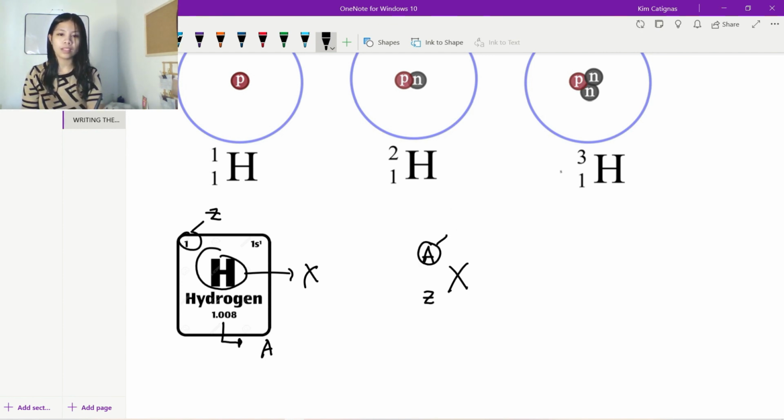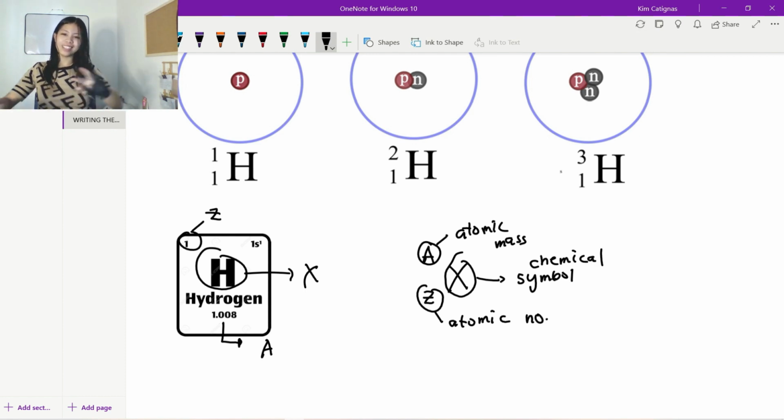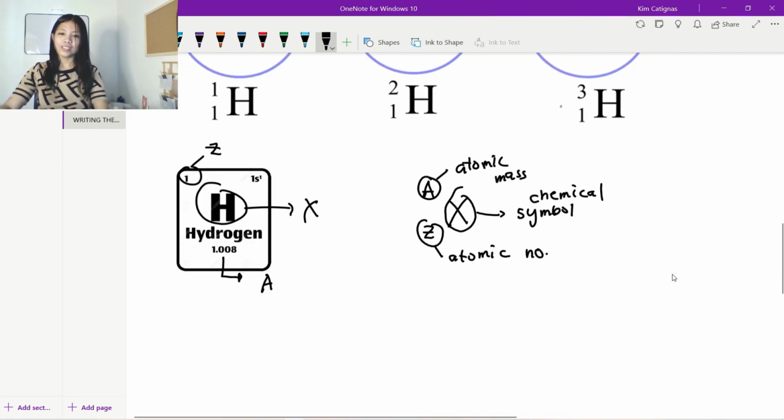So, this is atomic mass. This is atomic number, or yung number ng protons. And also, ito naman po yung symbol ng element. Okay? Chemical symbol. Sana naintindihan niyo po yung sulat ko. So, ganyan lang yung way niya.